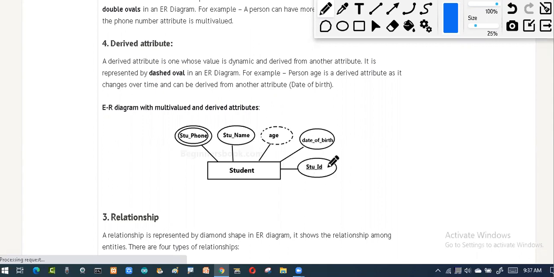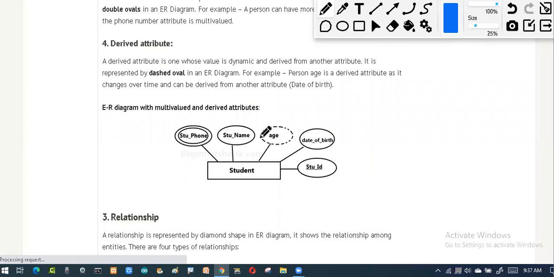If you see the student ID, one of the attributes is underlined, and this is the key attribute. Then coming over here, you have more than two contact numbers, that's why it is a multi-valued attribute. A value having more than two values we call a multi-valued attribute.